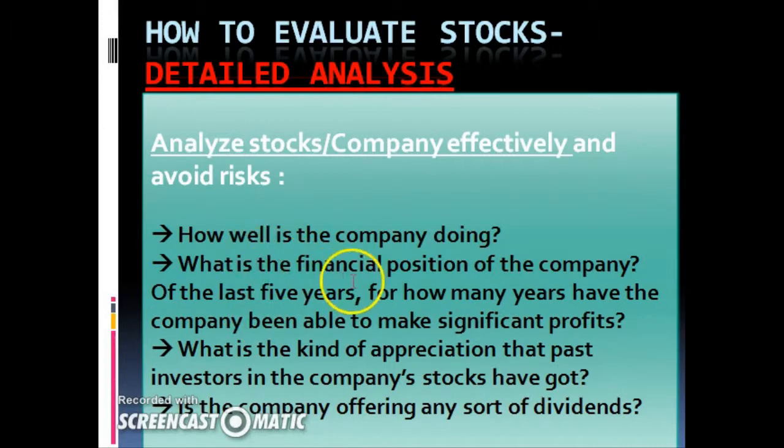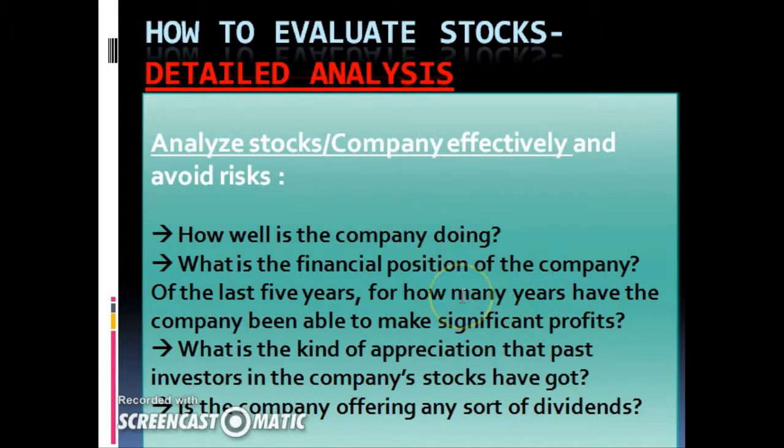The second thing is what is the financial position of the company, because this is one of the very important parts that decides your investment, whether you are going to get good return or negative. For how many years has the company been able to make significant profit? This is again linked to the first point.